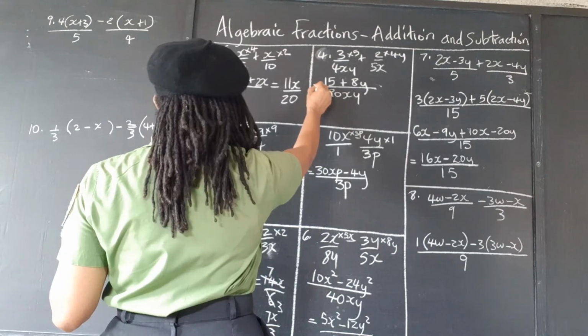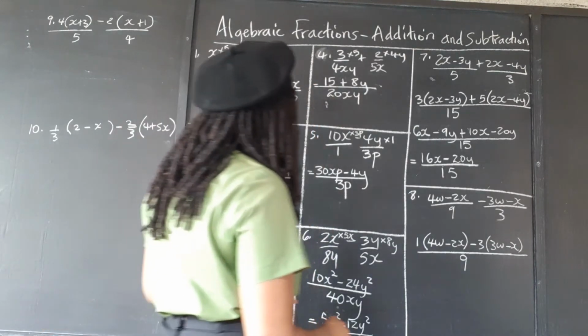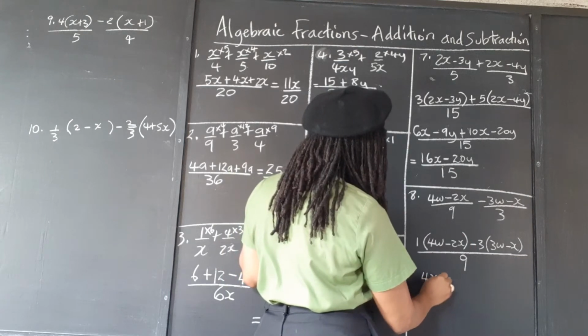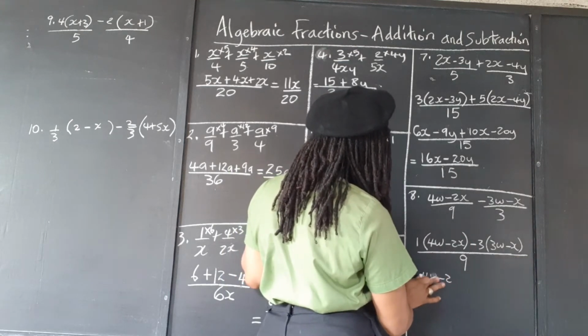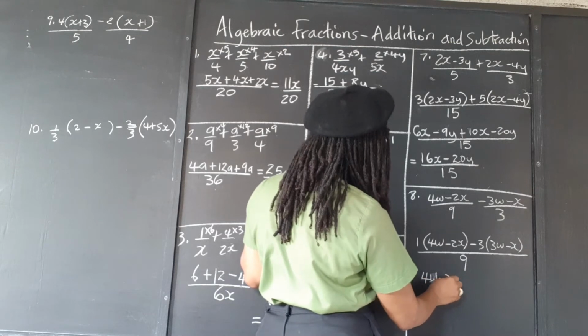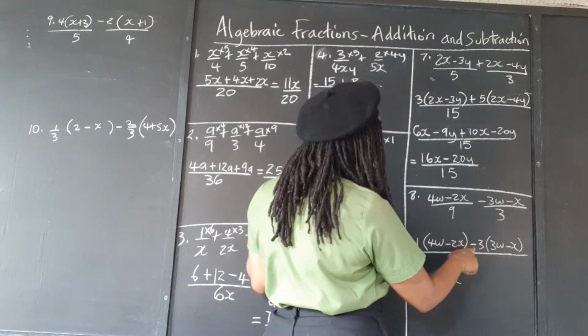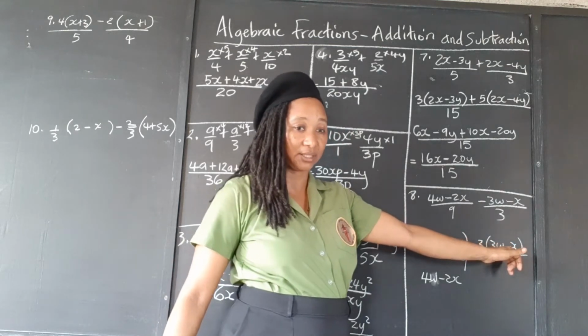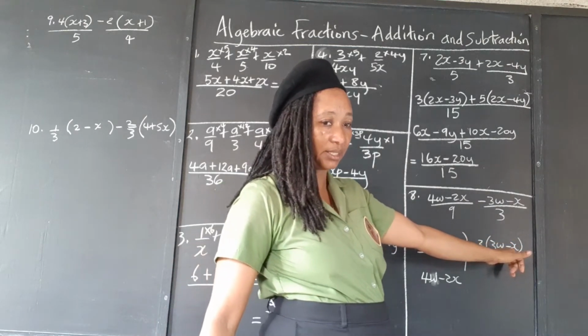So let's put in our equal signs, right? Alright, so 1 times each of those will give back the same thing. 4w minus 2x. Now this negative sign is going to change the signs in the brackets, right?